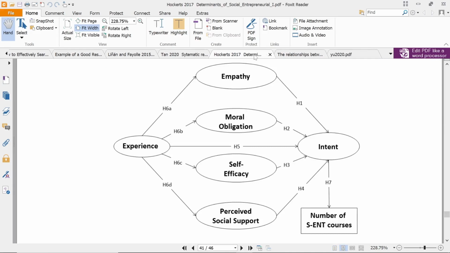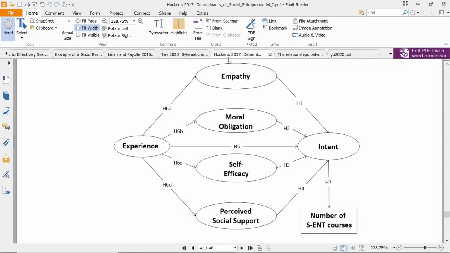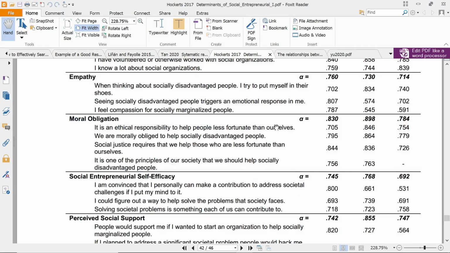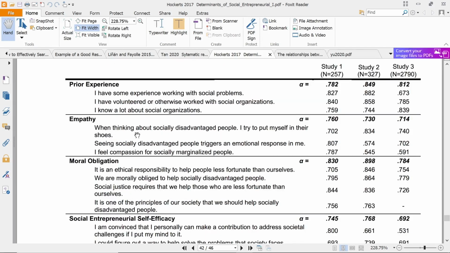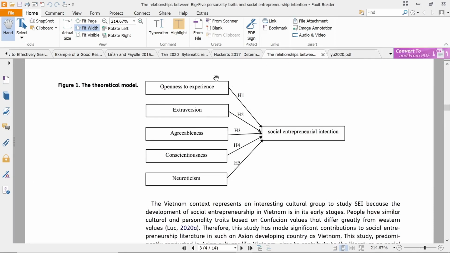Yeah, like for empathy, for example. Yeah, so when thinking about socially disadvantaged people, I try to put myself in their shoes. So okay, let me give some other example.